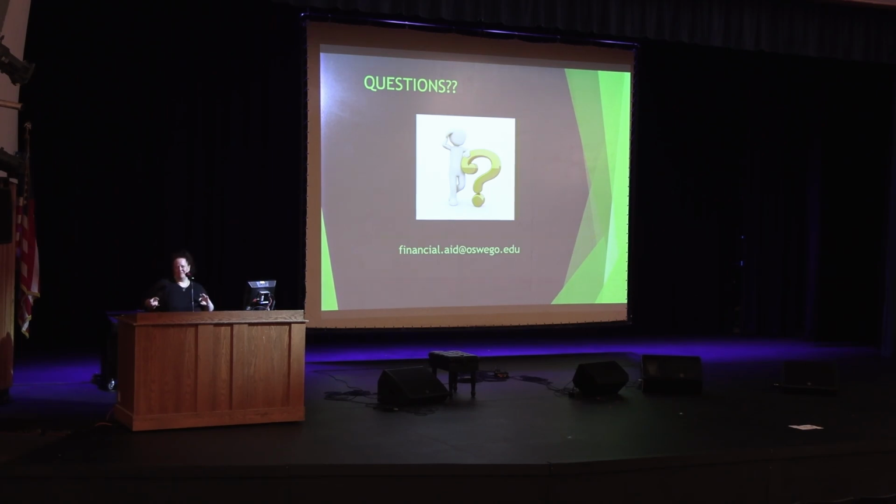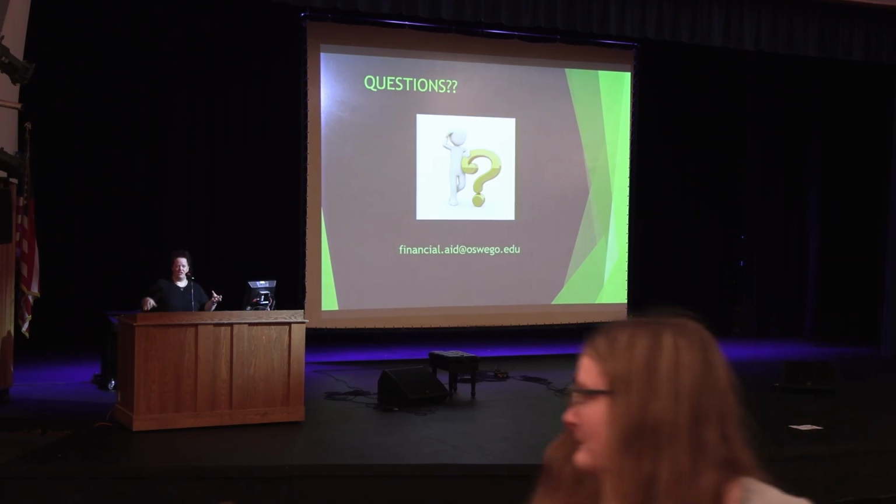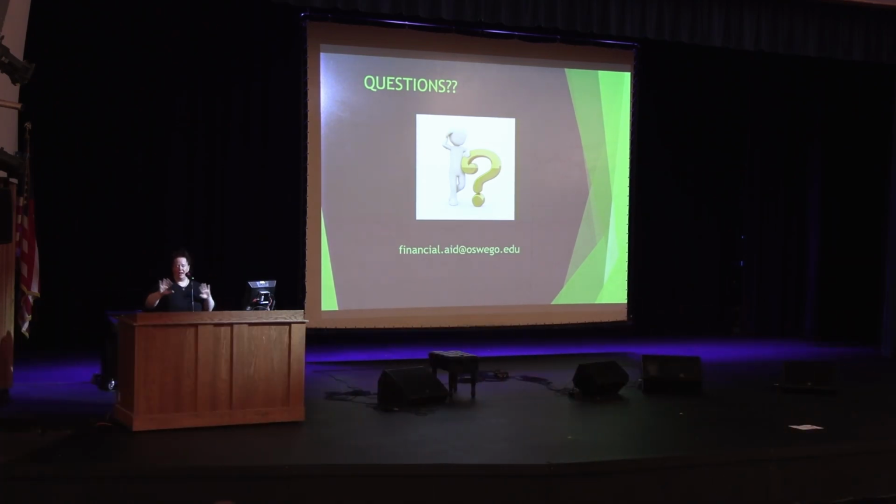Is there a limited window on the STEM, like the Excelsior? No, Excelsior's the only one. So if for some reason the FAFSA is delayed again this year and they open the state application before they open the FAFSA, I would still wait and do them at the same time.